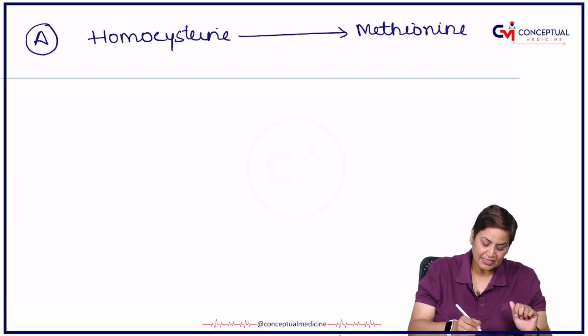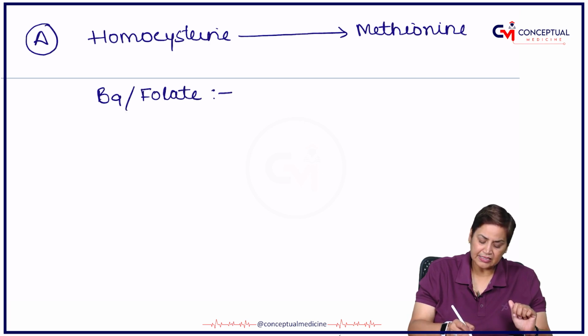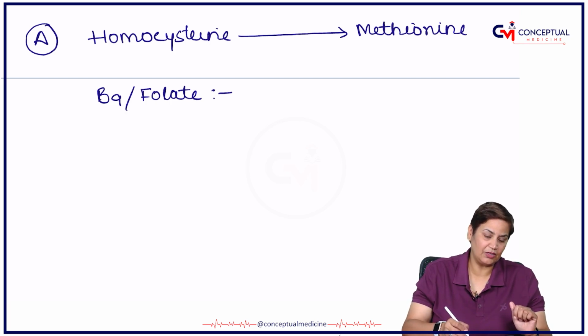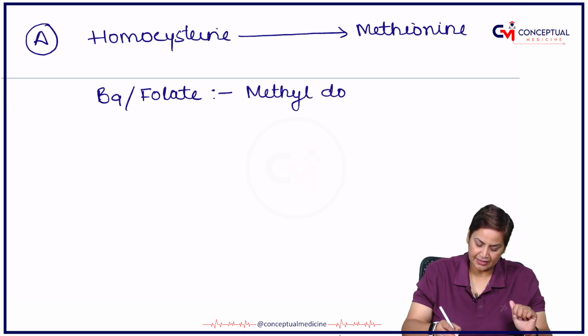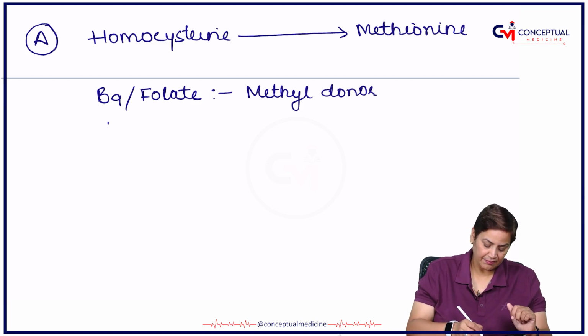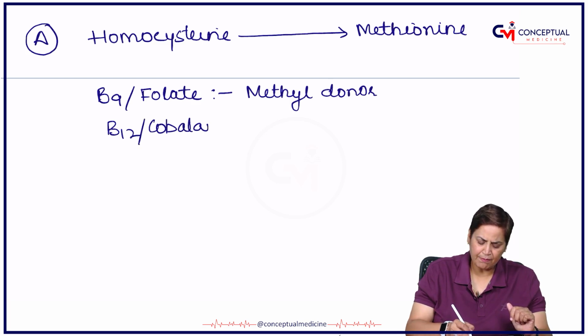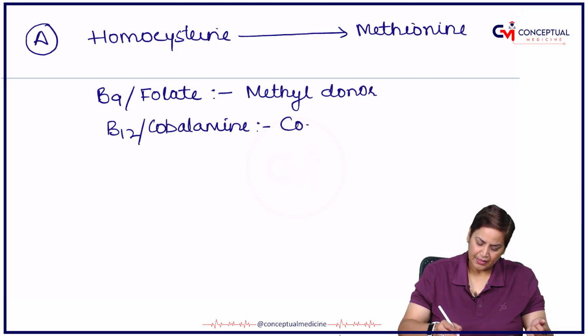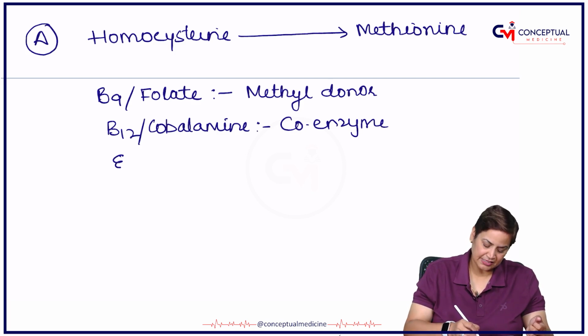Now the question is from where this methyl group comes. Always remember B9, which is folate, is a donor of methyl group. So I would say methyl donor is B9 and B12, which is cobalamin, is simply functioning as a coenzyme just to transport this, and the enzyme is methionine synthase.